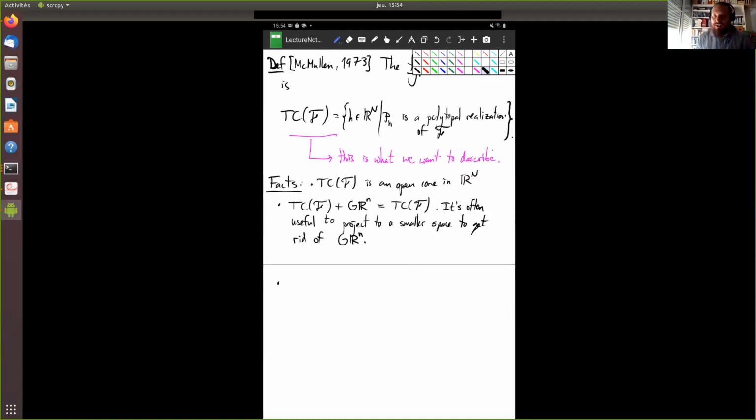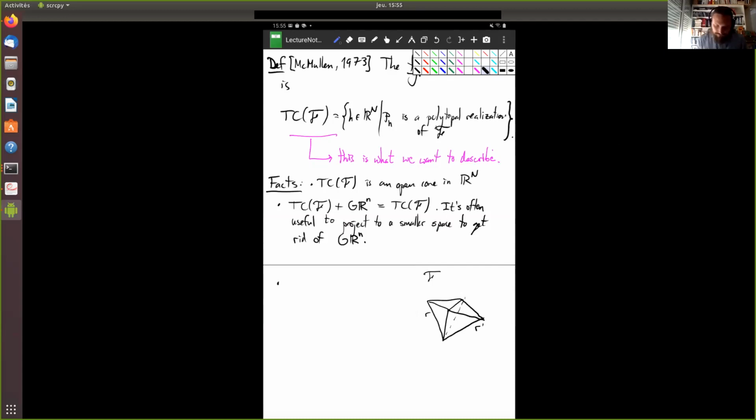Imagine you have in your fan F two adjacent cones. F is simplicial, so in 3 dimensions cones look like simplices. Imagine you have a cone like this, and an adjacent cone like this. These two cones differ only by one ray. So maybe this one is small r and this one is small r prime.